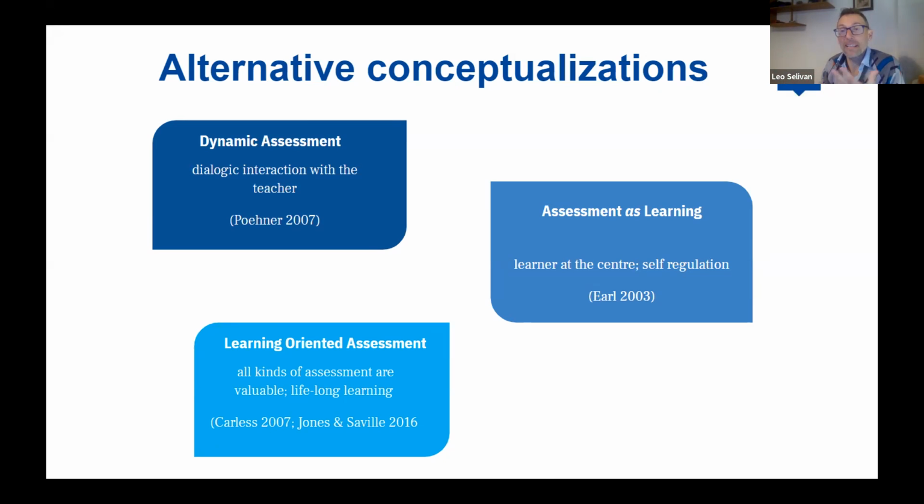So the learner is not only a contributing party to the process of assessment, but actually an important link in this complex interplay between assessment, learning, and teaching. And also lots of emphasis is placed in this framework on learners' ability to regulate their own learning, what's called self-regulation.